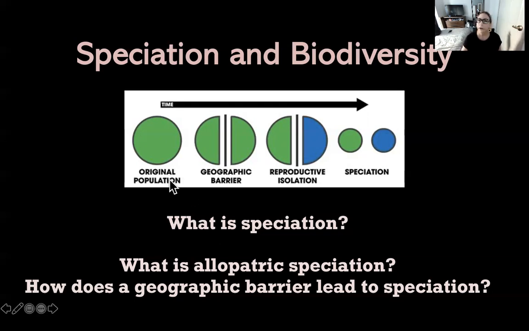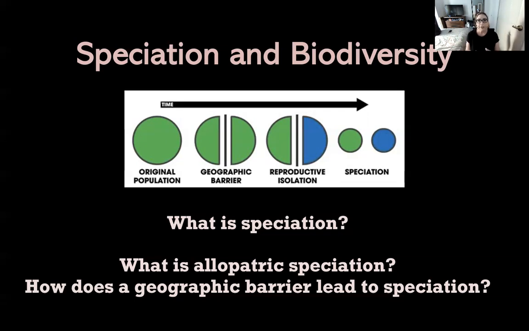I don't know if you can see my cursor in the video, but here we have the original population. I'm going to give you an example from California. There are two different types of salamanders. There's a type that lives in the inner area called the Central Valley, and a type that lives on the outer area.